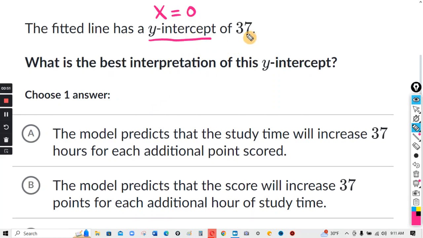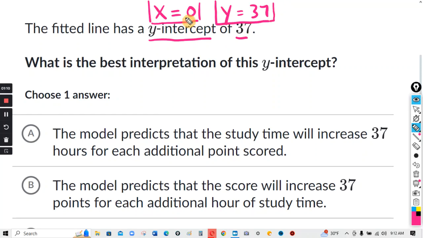So at x equals 0, y equals 37. Whenever you see y-intercept, the x value is going to equal 0, and the y value is whatever they give you.